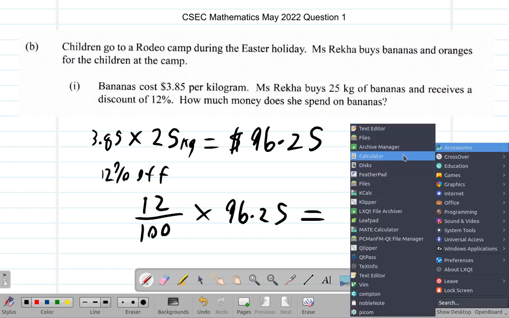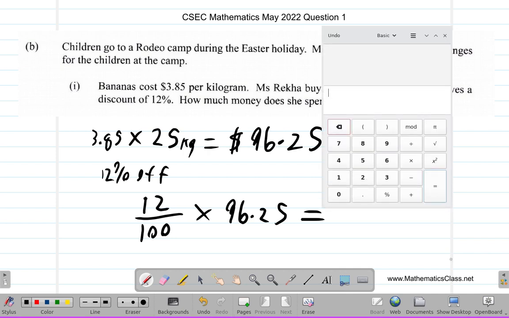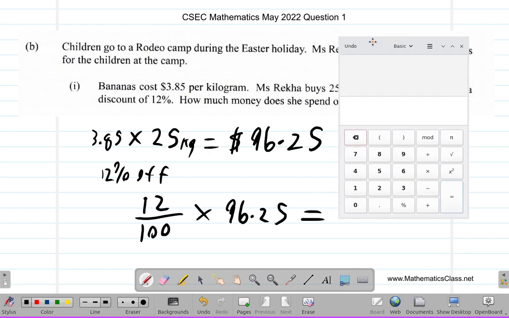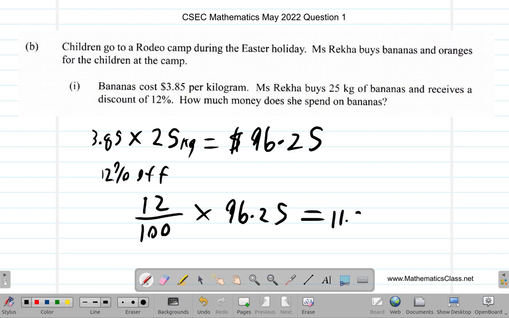So back to our calculator. 12 divided by 100, and you multiply by 96.25 equals $11.55. $11.55 off.